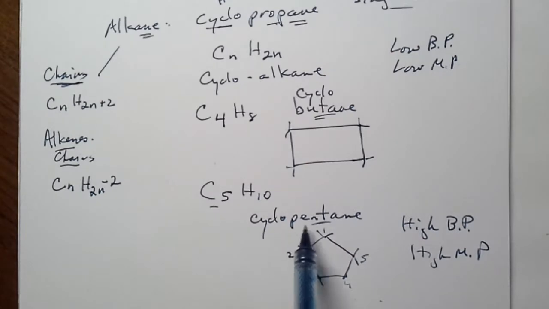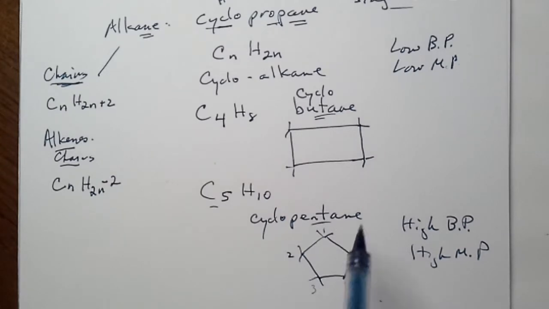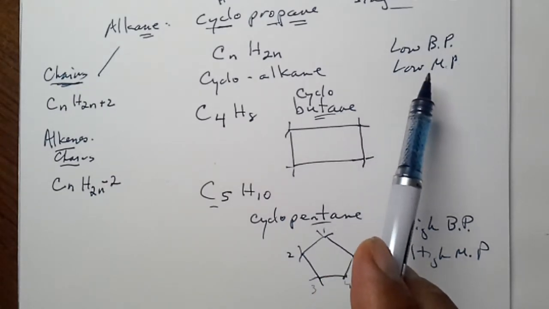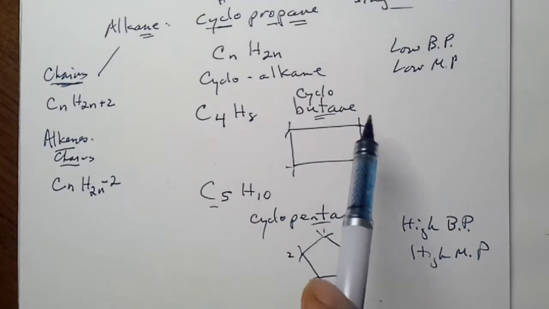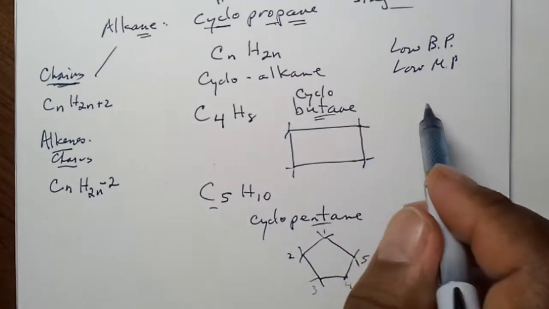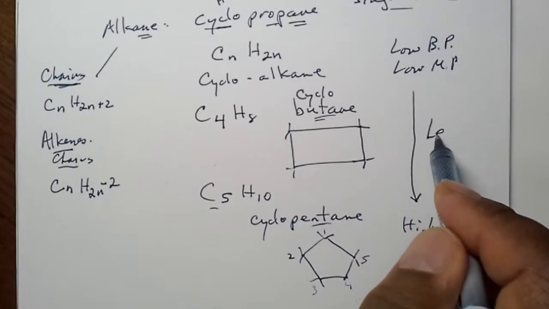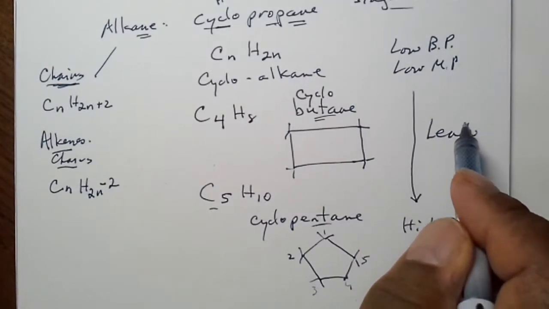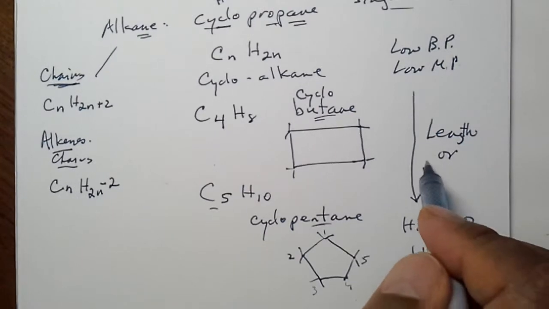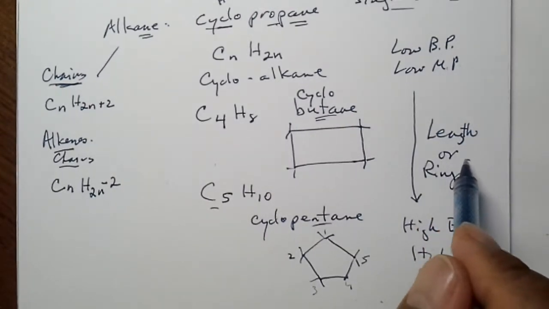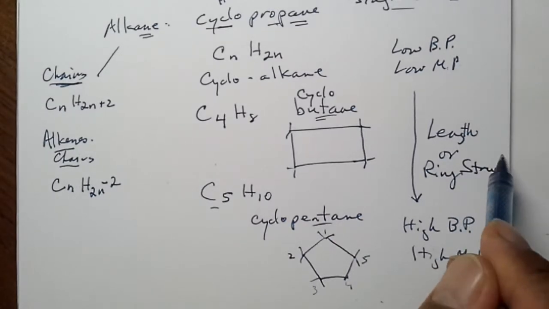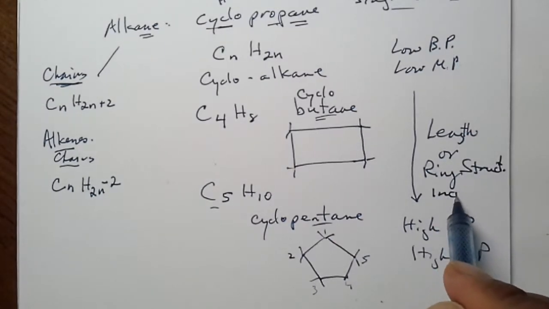So here again is a cyclopentane, 5 carbons, each containing a hydrogen. Low boiling point, low melting point, high boiling point, high melting point, depending on the chain length, as length or ring structure increases.